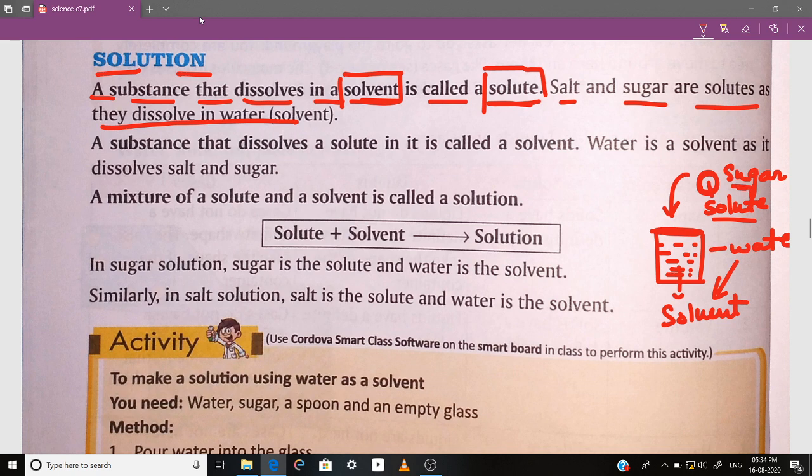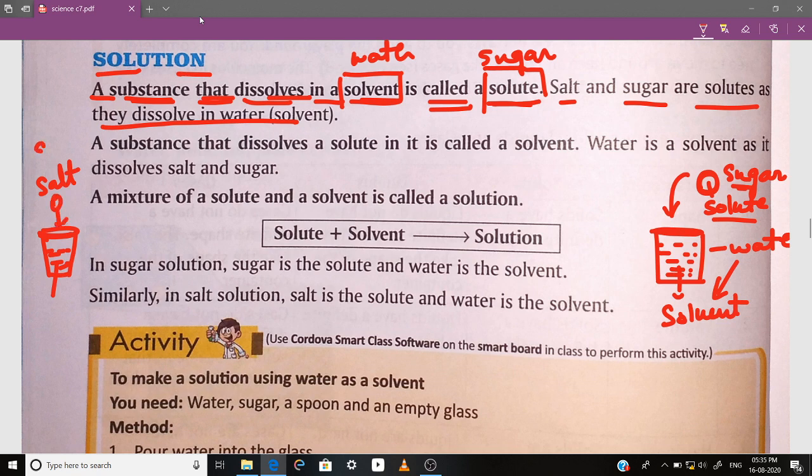Now let us read this again. A substance that dissolves, here what is being dissolved? Sugar is being dissolved. So a substance that dissolves in a solvent, which is water, is called a solute. So the solute is sugar. One more example: if you have water again, and this time salt, you add salt in water.